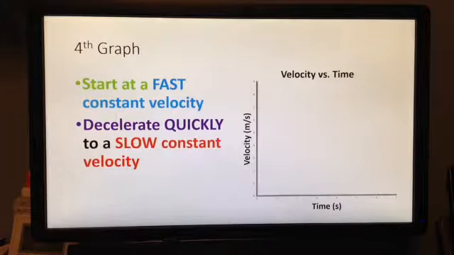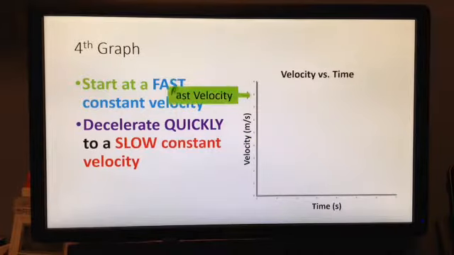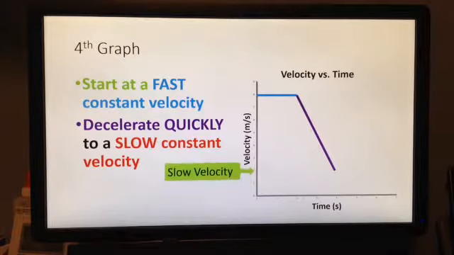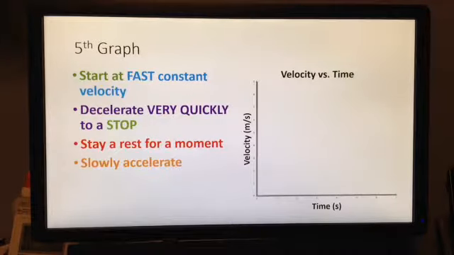Okay, so fourth graph. Start at a fast constant velocity, decelerate quickly to a slow constant velocity. So there are relative velocities. There you go. Fifth graph.